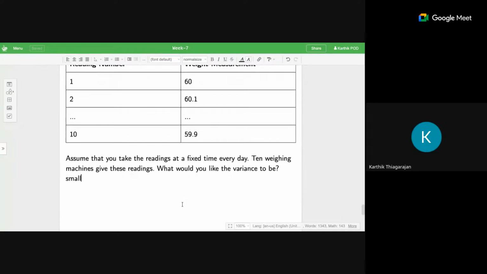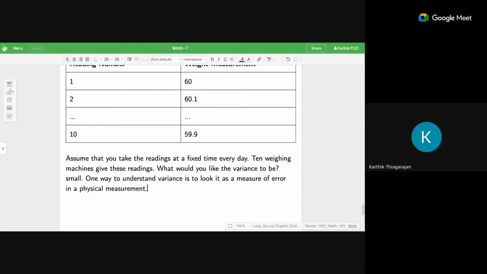So one way to understand variance is to look at it as a measure of error in a physical measurement. I'm sure at some point you have done experiments in physics at school. You measure the mass of an object by dipping it, to find the density of the object.